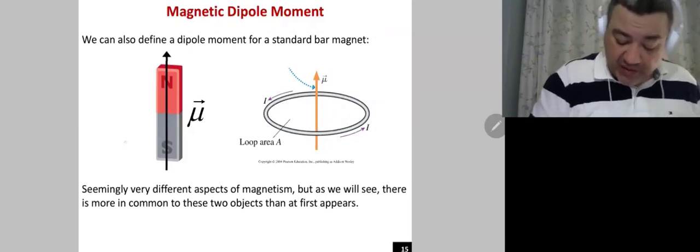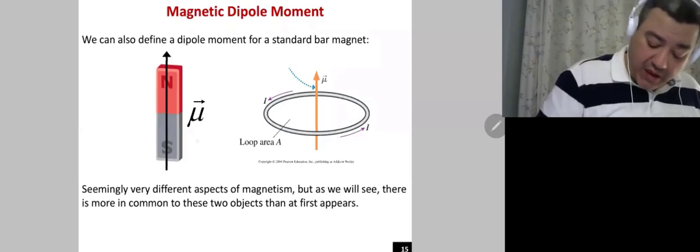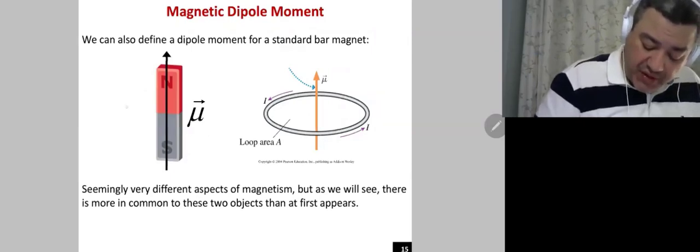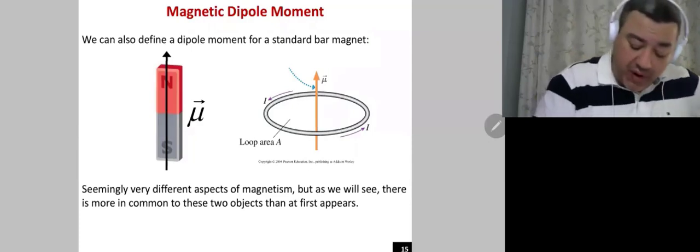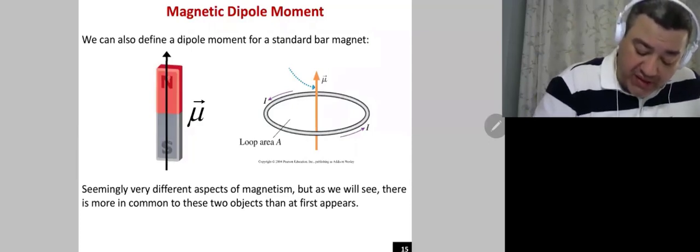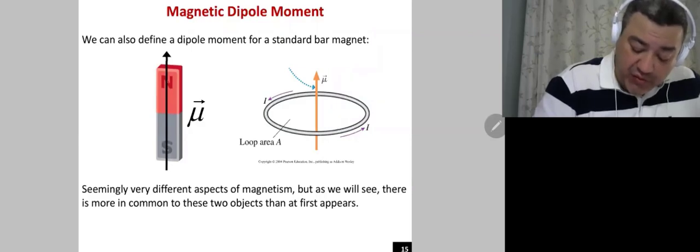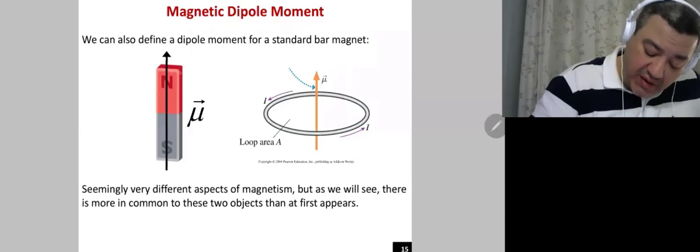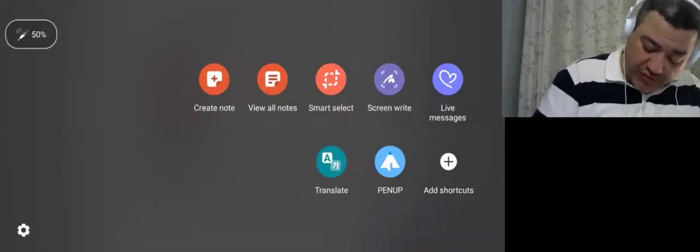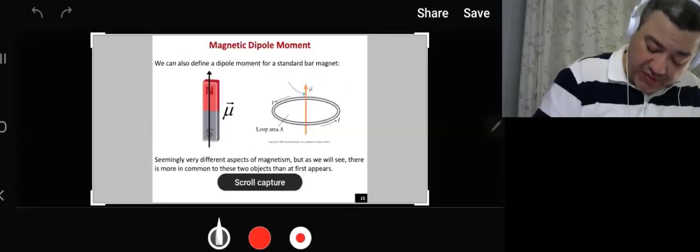This is equivalent to a magnetic bar. The magnetic dipole moment for the magnetic bar will be pointing from the inside, from the south toward the north, where, if you recall, the magnetic field in the permanent magnet is always going from the north toward the south.